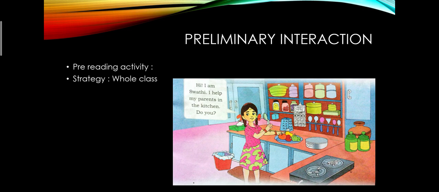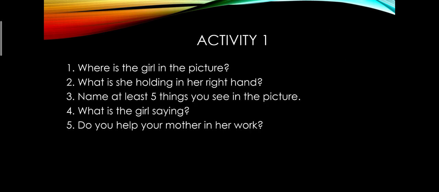Before going to preliminary interaction, first I showed this picture to the students. With this picture, I make the students interact with the teacher. Then activity 1: with the following questions, I make the children interact with the teacher. The children have to respond actively.